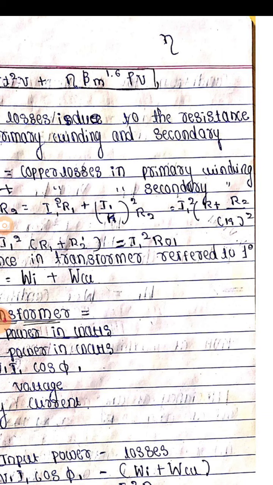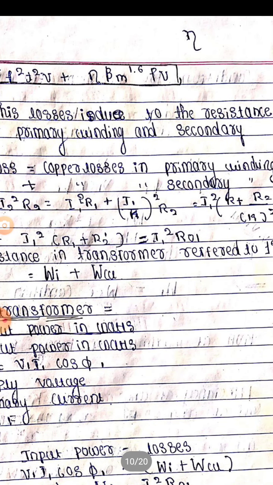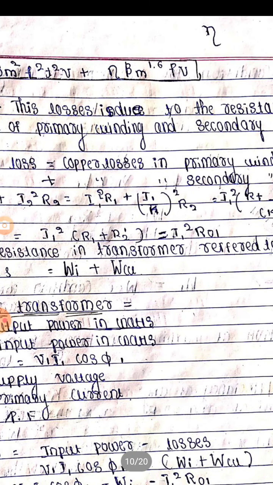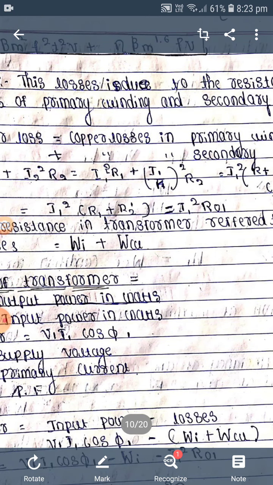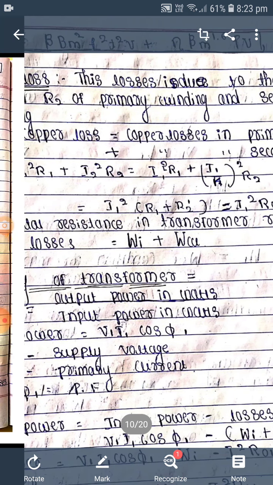Then R2 by K square you can call R2 dash. Then you can write here I1 square R01, where R01 is the resistance referred to the primary. Then total losses in the transformer equal iron loss plus copper loss.